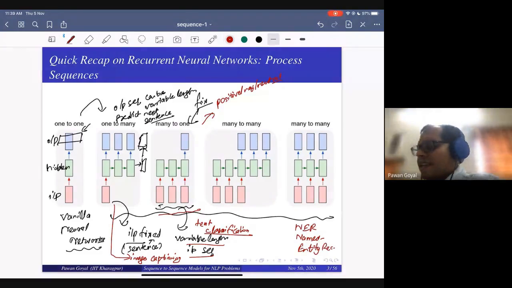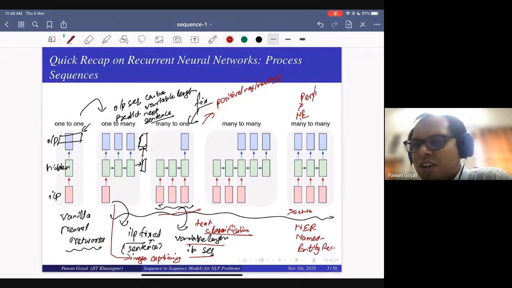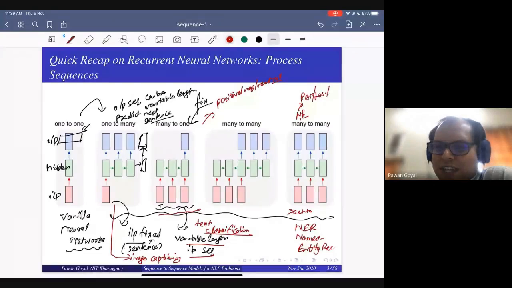An example would be you're given a sentence, say Sachin is a very good player and so on, and you have to find out for each word, is it a named entity or not? Or going deeper, is it a person, location, organization, and so on. So you have to do that for every particular instance.